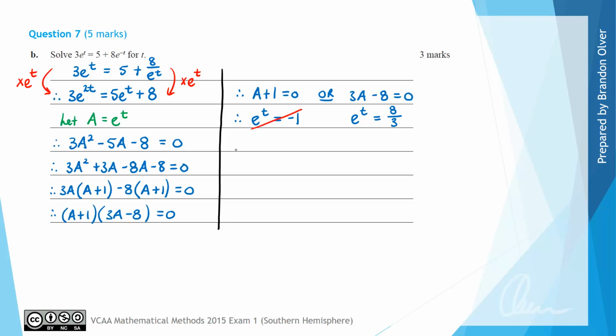And now there's no solution for e to the power of t equals negative 1. And to solve the next equation for t, we need to work with it in an equivalent log statement. So rearranging this, we get t is equal to log e of 8 divided by 3. So that is the answer to this question.